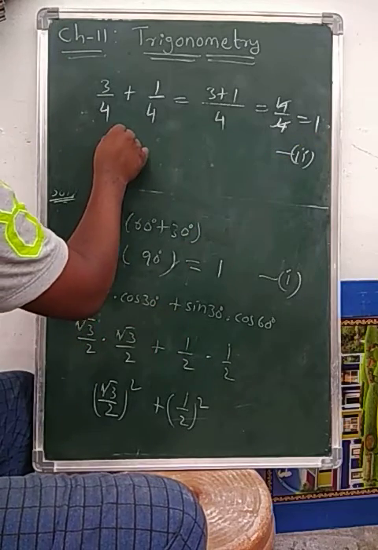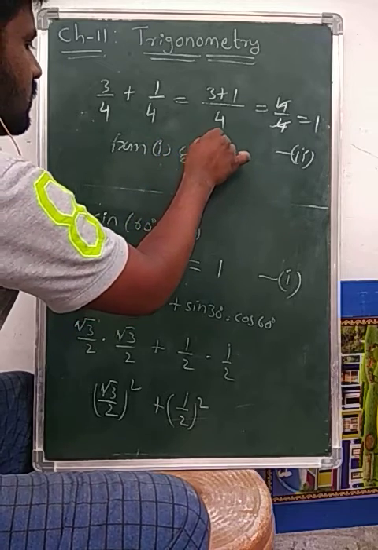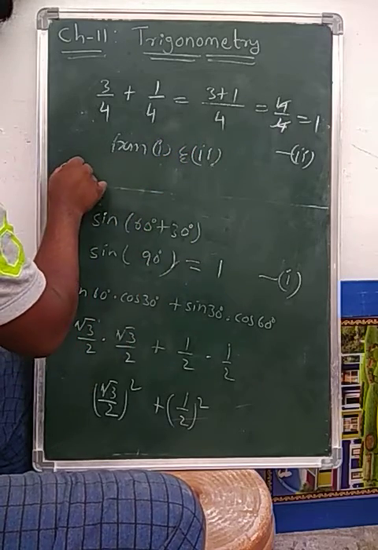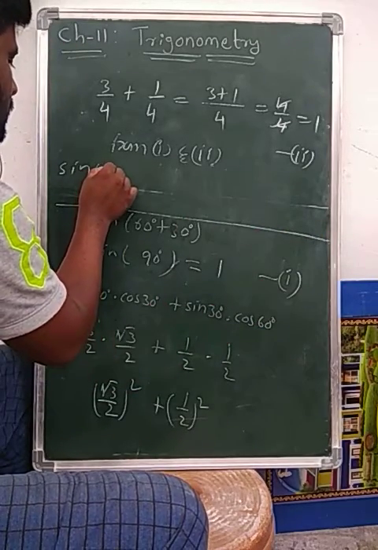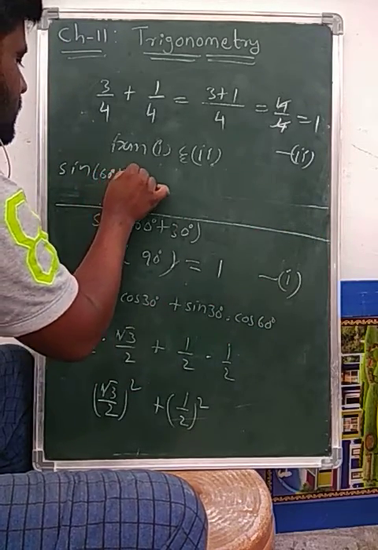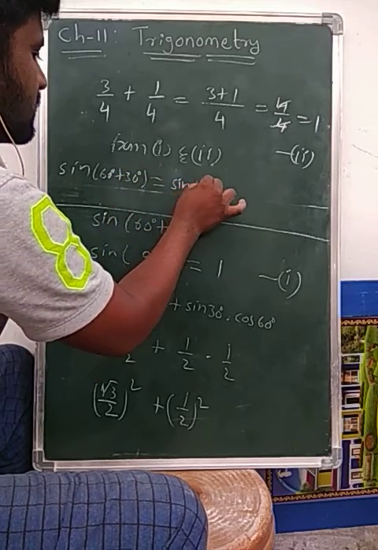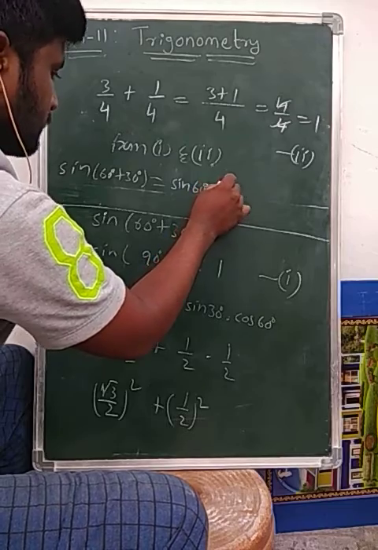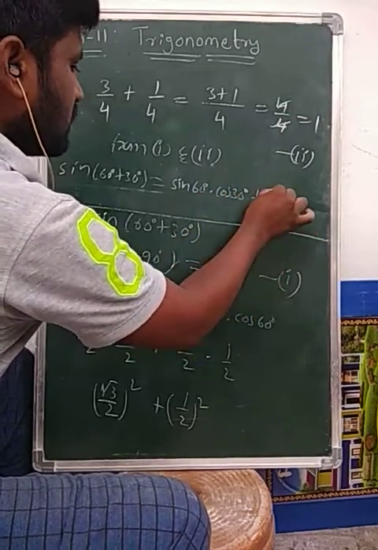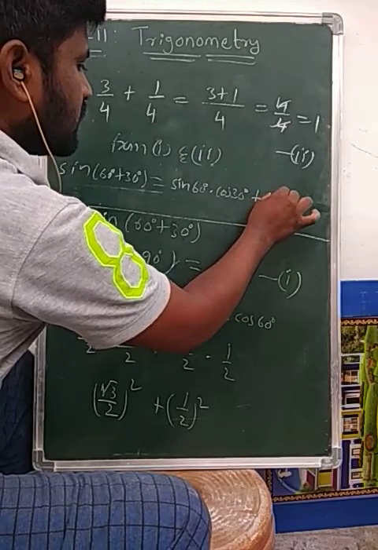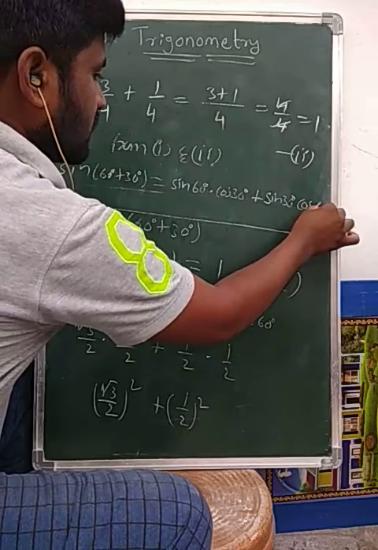From 1 and 2, we can conclude that sine of 60 degrees plus 30 degrees is equals to sine 60 degrees into cos 30 degrees plus sine 30 degrees into cos 60 degrees.